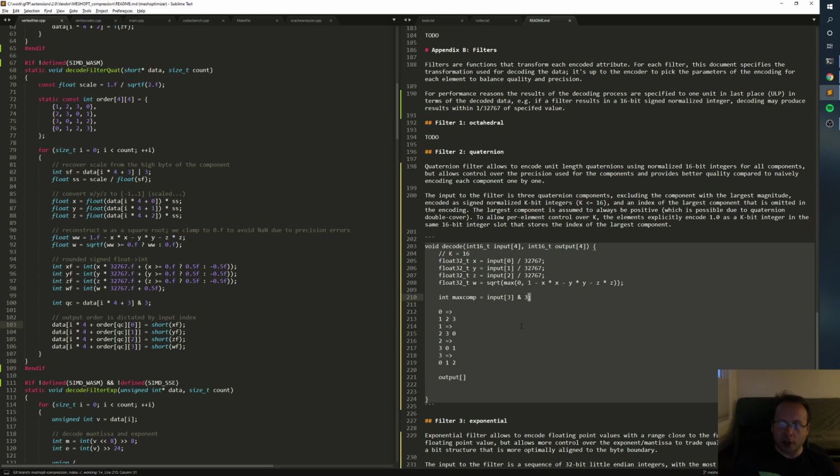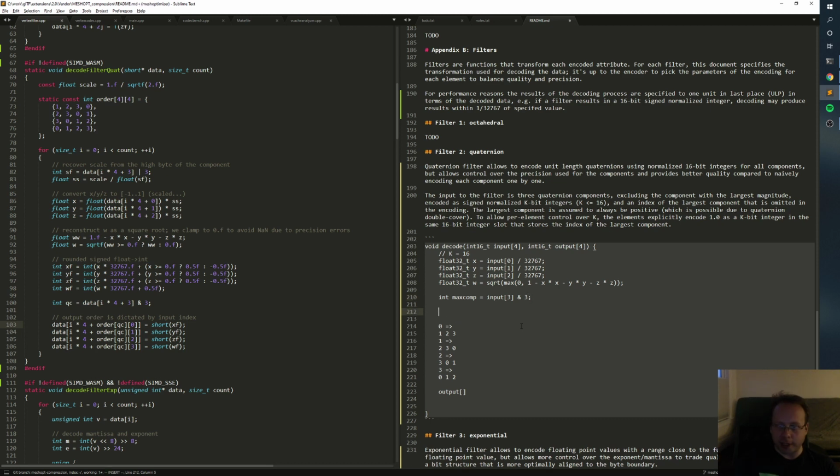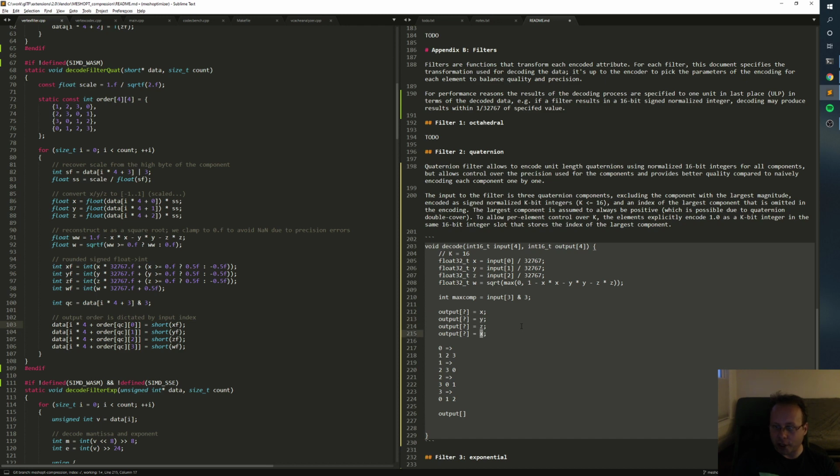But yeah, once we know the order of the components, we can just say, well, let's just store the output. Let's just store these values to the output, right? Except that our output is 16-bit integer, so actually we are going to store this.